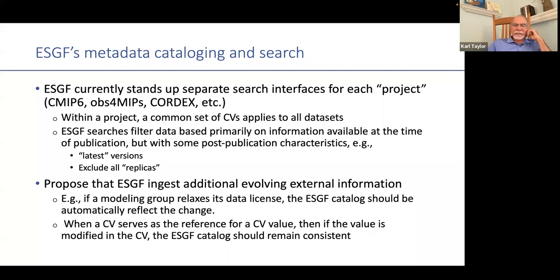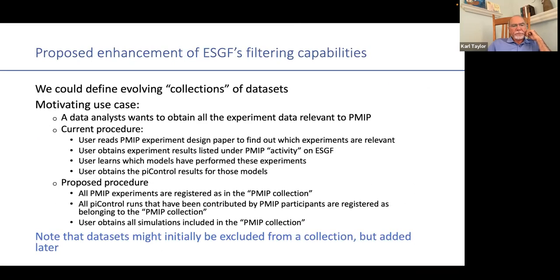Well, there's lots of things that could get recorded initially incorrectly in the catalog. And if that information is not used to uniquely identify a data set, then there's no harm in changing the catalog to correct it. And that would be a useful capability in ESG.